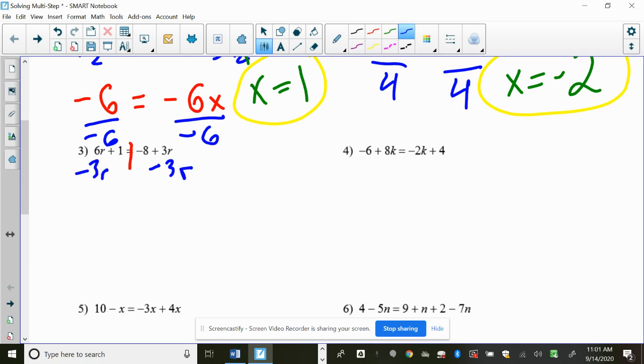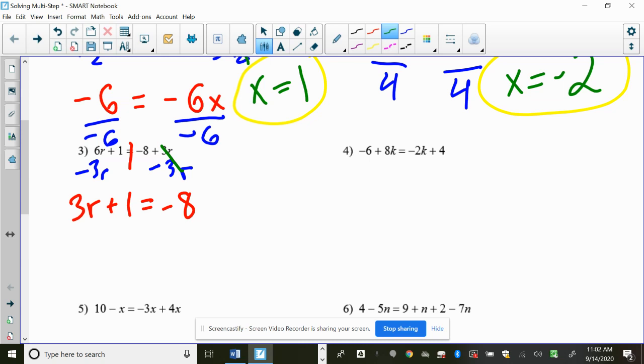Notice where we're writing it. We're writing it directly underneath the r's because that's what we're going to subtract from. So on the left, we would do 6r minus 3r. Well, that's going to be 3r. We still have plus 1 equals, we still have -8. And then the 3r minus 3r, we canceled that out.